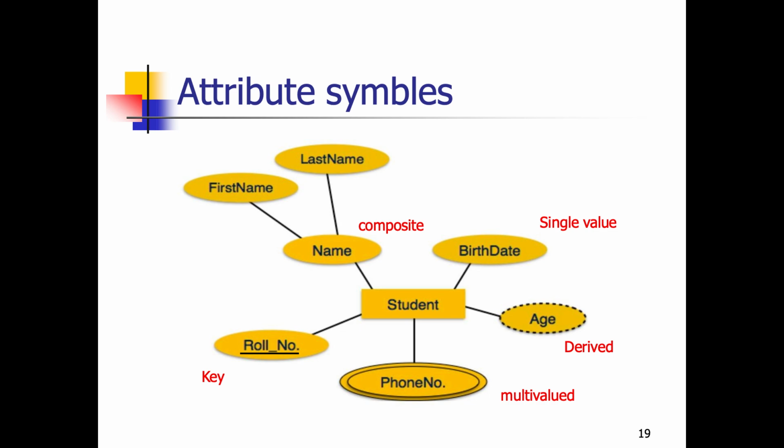We have phone number, which is multi-valued, and roll number. I assume this is, for example, a student number, which is a unique identifier for the students.